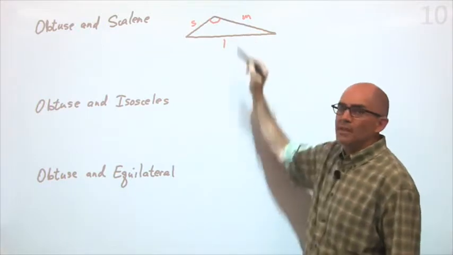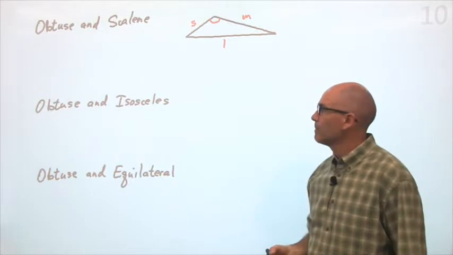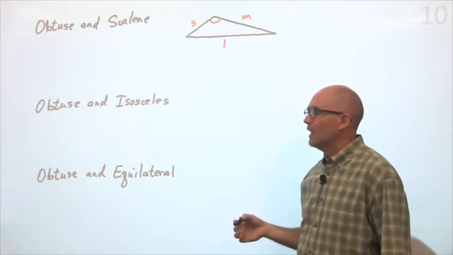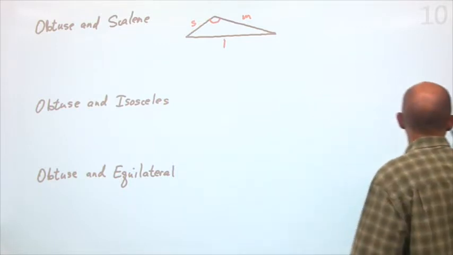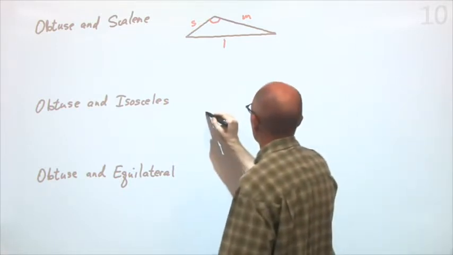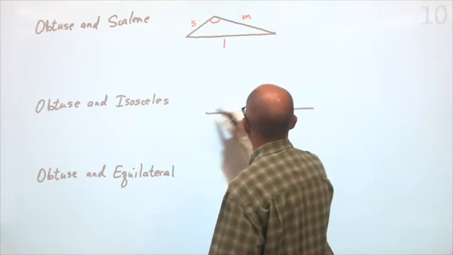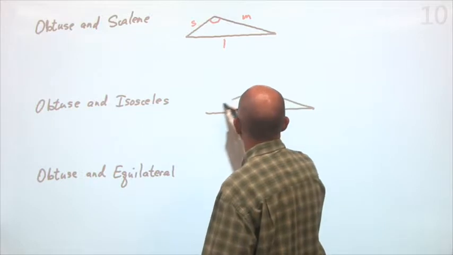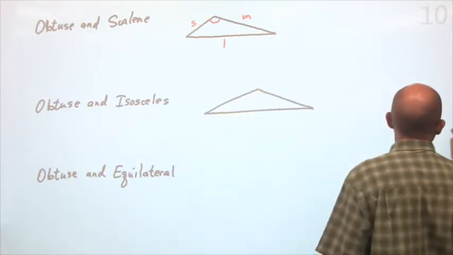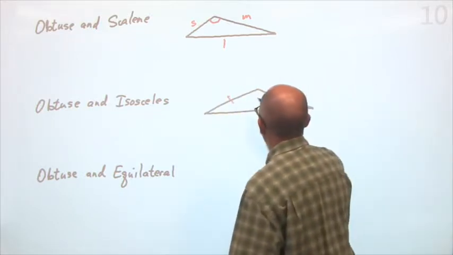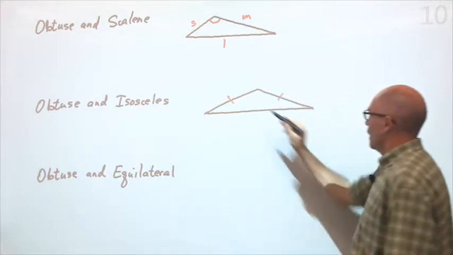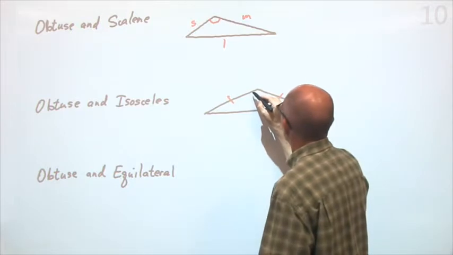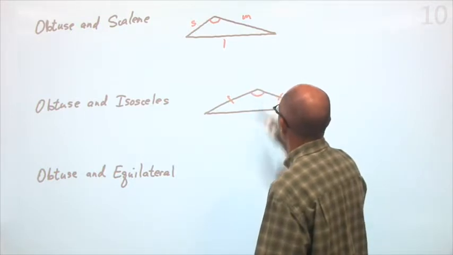So obtuse and scalene. Okay, now what about obtuse and isosceles? Okay, so here are the congruent sides, and here's our obtuse angle.